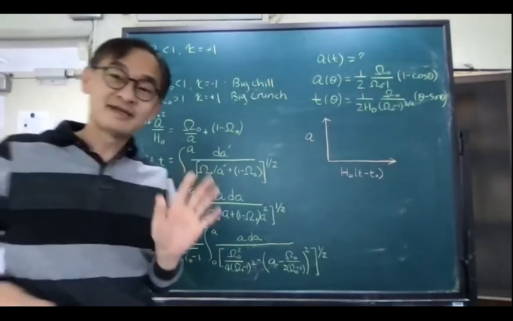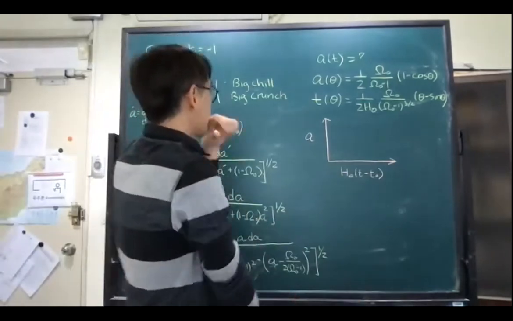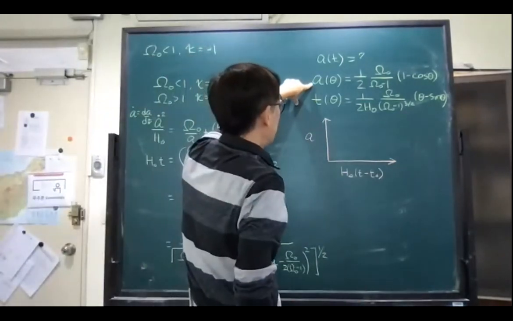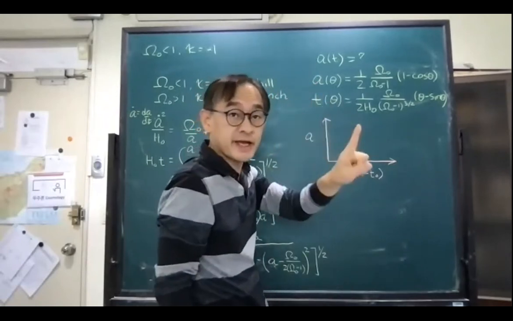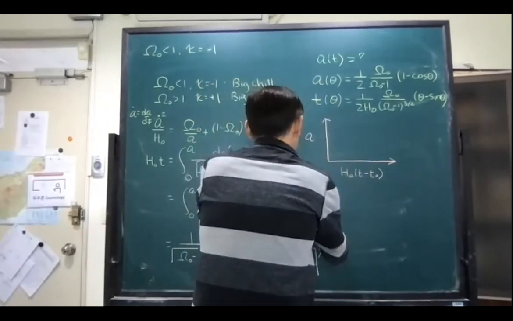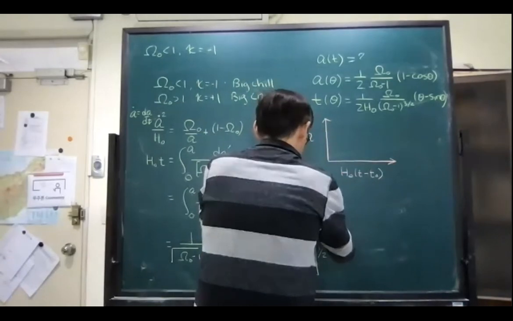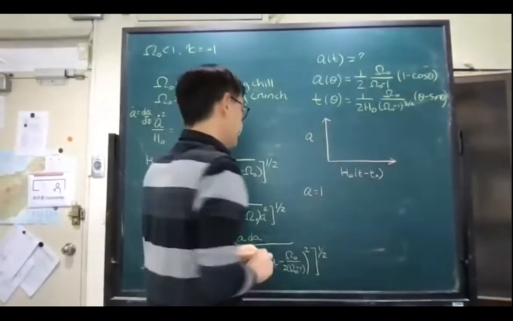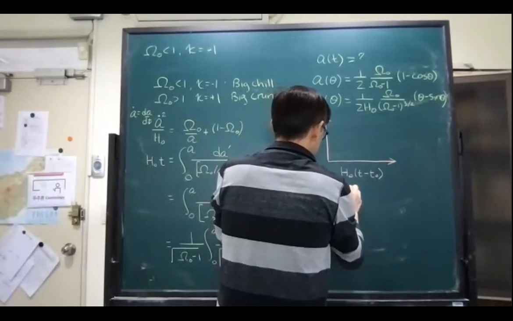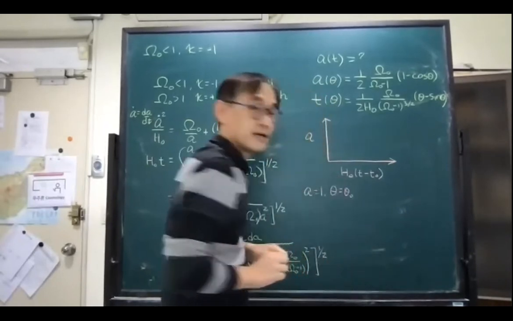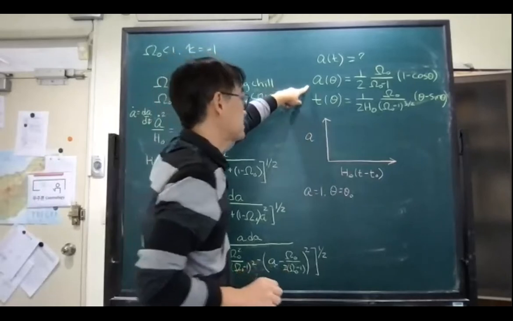Okay, it's a little more complicated. From here, when a today, a is equal to 1, it's called that time to be parameter theta is theta 0. So you should get theta 0 first.